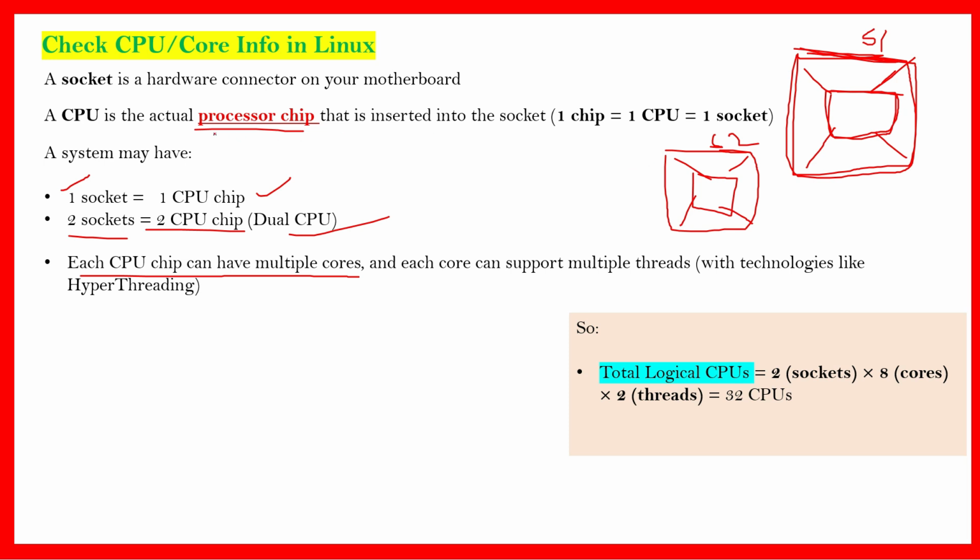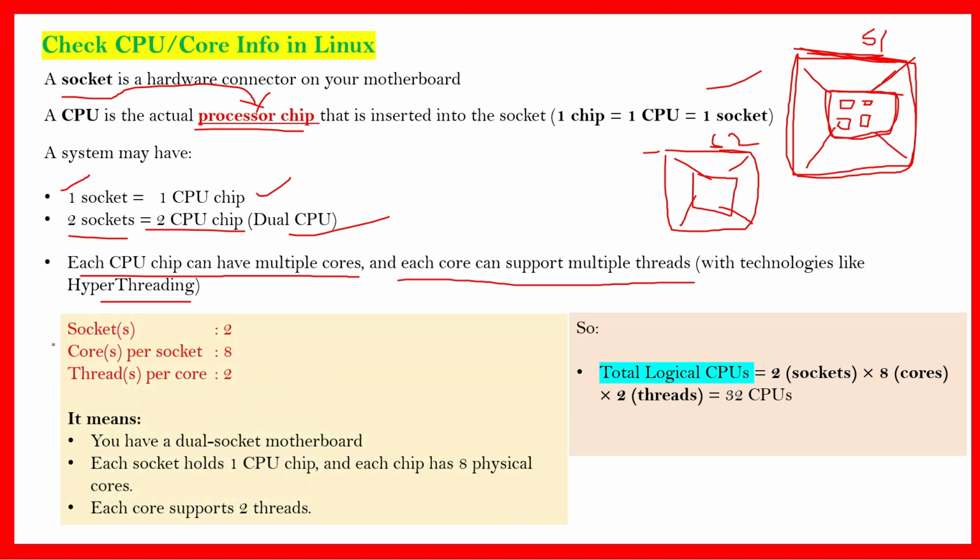So the first basic unit you have to understand is the socket where we fit our processor chip. Now inside each and every processor chip, we have multiple cores. For example, I have four cores in this particular processor chip. Each core can support multiple threads with technologies like hyper-threading.